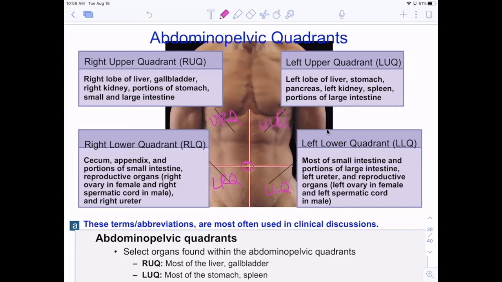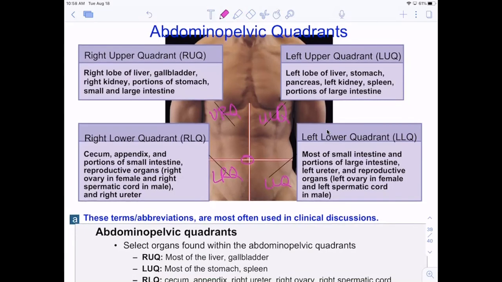And so when someone's triaging, they'll ask you where your pain is, and a lot of times they'll say, oh, it's up here. If you're pointing to your upper right quadrant area, they're going to automatically think gallbladder, possibly gallstones, or liver, or your right kidney up there, part of your stomach.